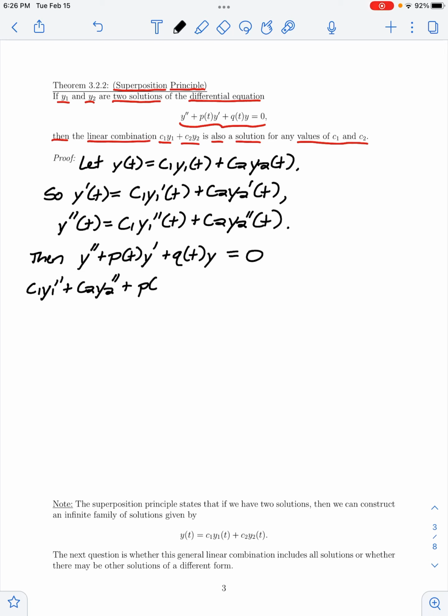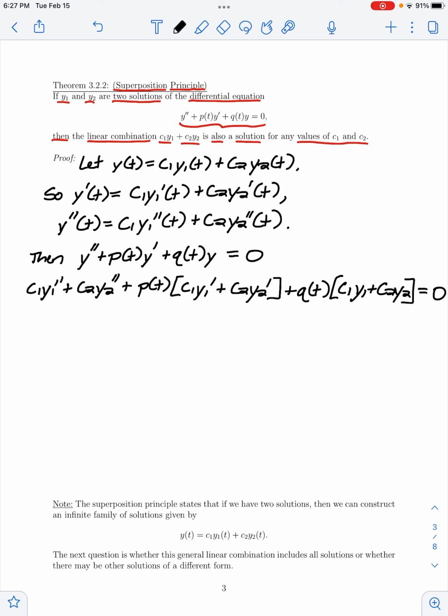Then we're adding p of t times y prime, which was c1 y1 prime plus c2 y2 prime, plus q of t times y, which was c1 y1 plus c2 y2. And we want to know if this is going to equal 0.